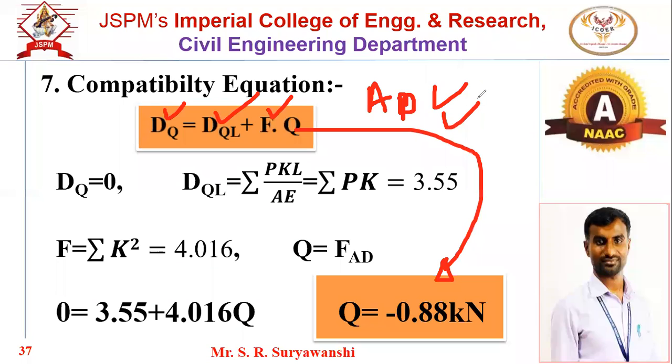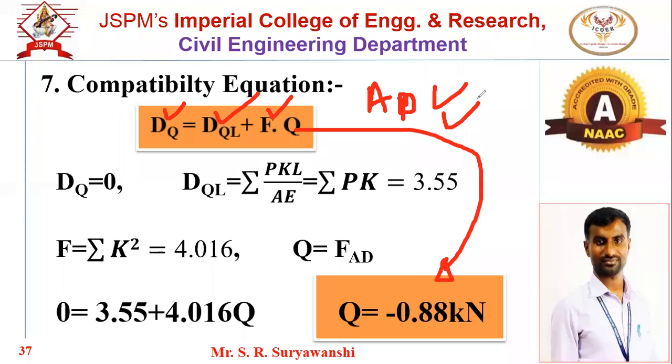Write it down with a star: Q represents final member force or final reaction of the redundant. In this case, we have an internally indeterminate truss, that's why it is member force.